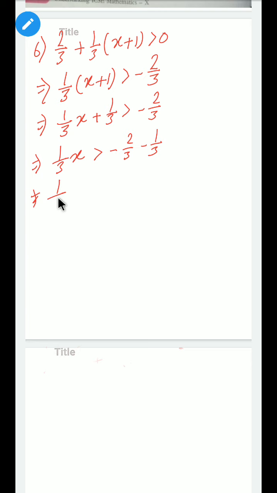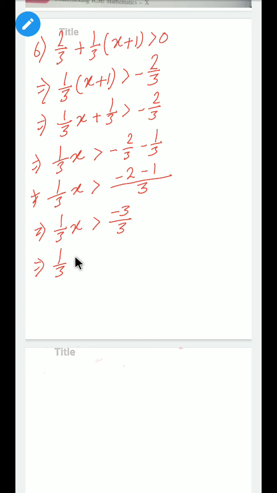What is the LCM of 3 and 3? This is 3. There is minus 2 minus 1. So here it will be 1 by 3x greater than minus 3 by 3. So this is minus 1. So 1 by 3x is greater than minus 1. So x is greater than minus 3.